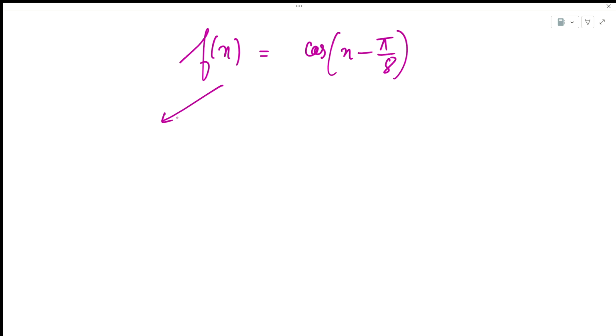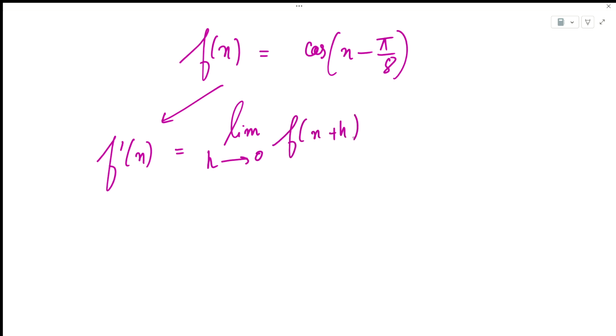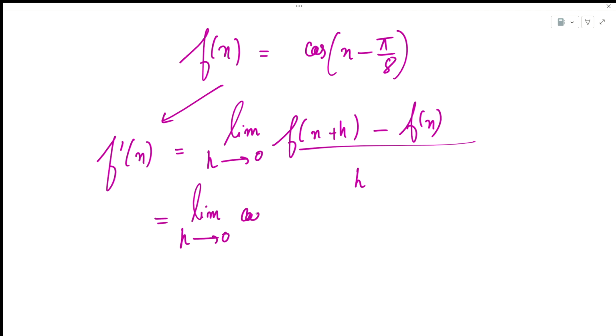Now what will be f dash x? f dash x will be the limit as h tends to 0 of (f of x plus h minus f of x) divided by h. So this is the limit as h tends to 0 of (cos of (x plus h minus pi by 8) minus cos of (x minus pi by 8)) divided by h.